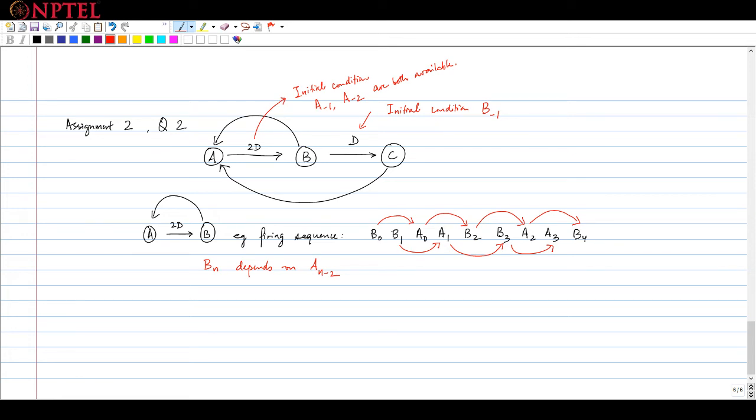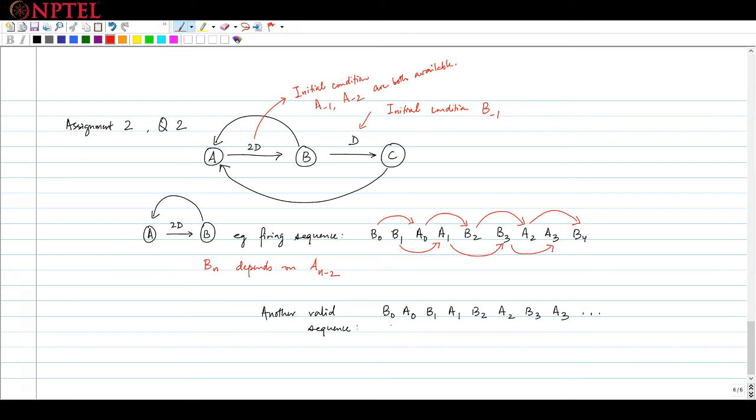Is this the only possible firing sequence? Of course not. I could also have had another valid sequence, which would look something like this. I still have to start with B, so B0, but as soon as B0 has completed, I could straight away run A0, right? And after that, I can go ahead and run B1 and then A1, B2, A2, B3, A3. This is also valid.